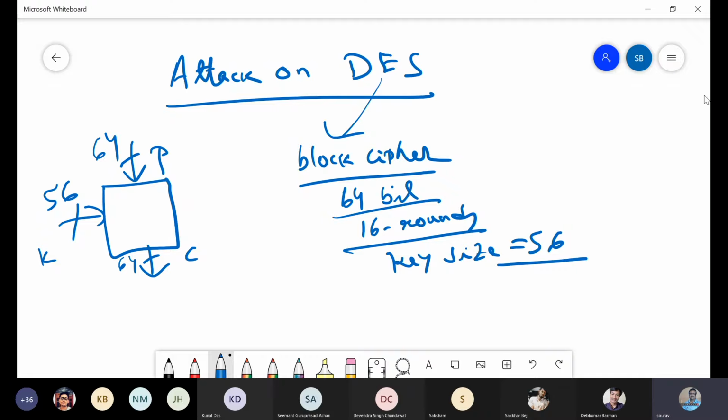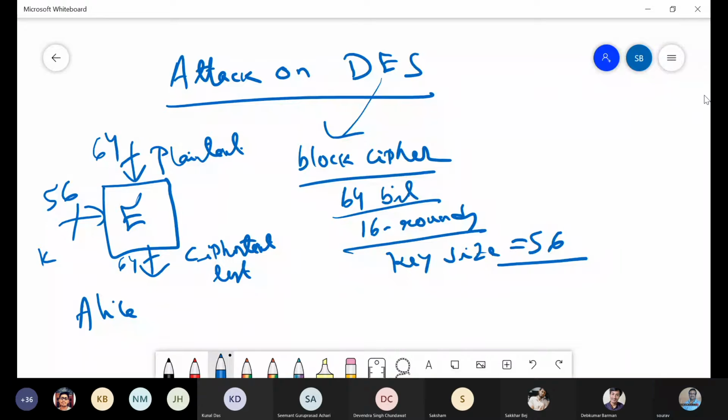This is the plaintext, this is the ciphertext, and this is the encryption. This is what Alice is doing: Alice is encrypting a message M using the key and generating the ciphertext.